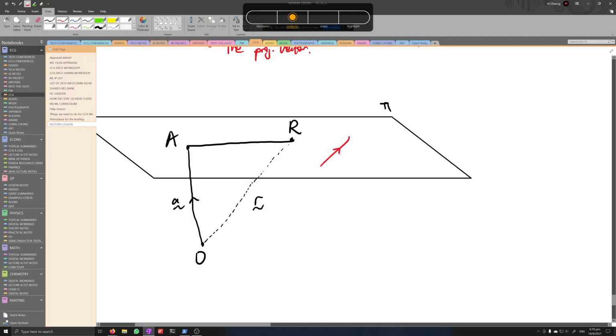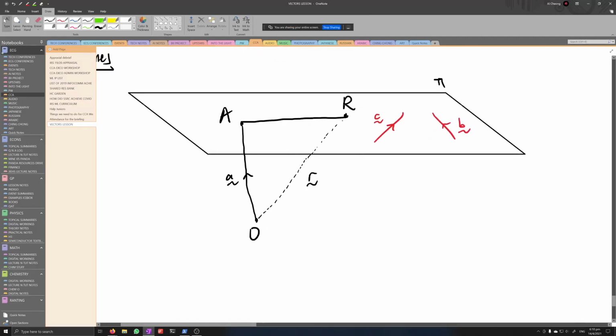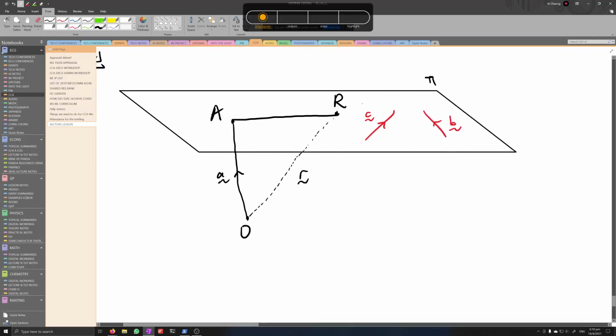Then we assume that we know two things here. Two displacement vectors that we already know to lie in the plane.